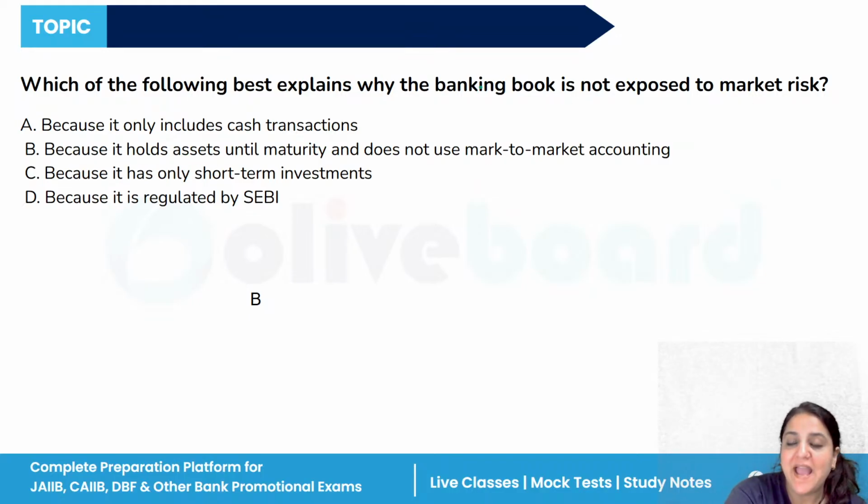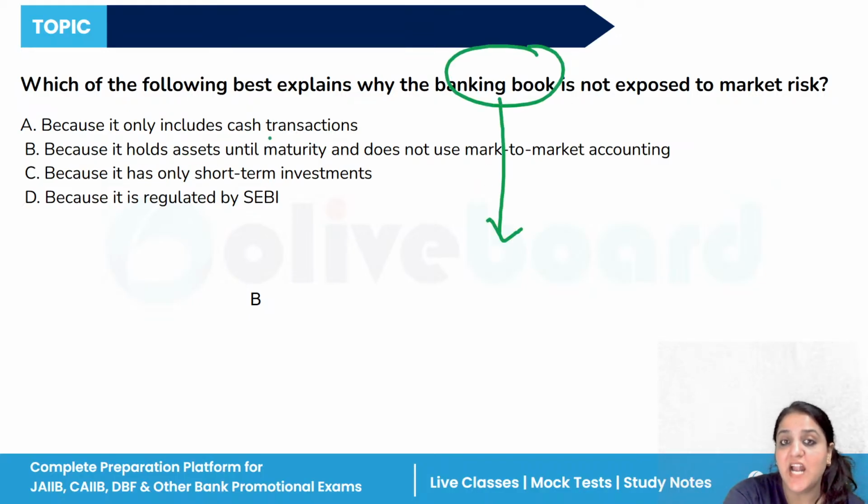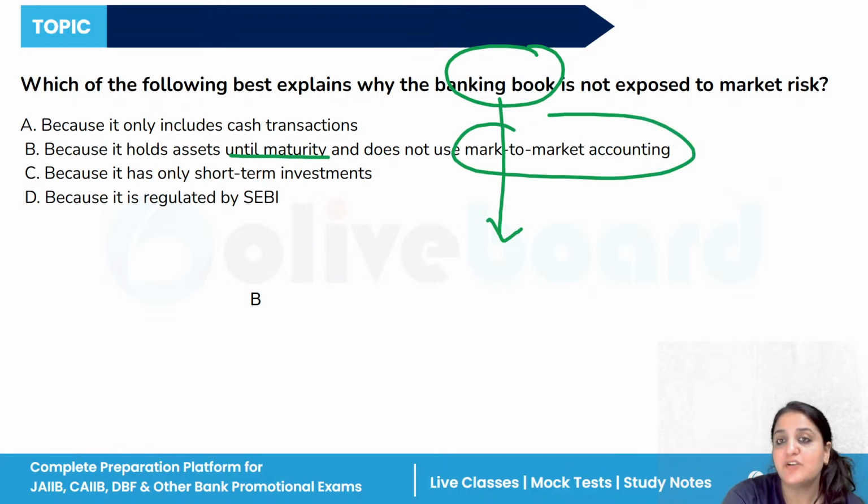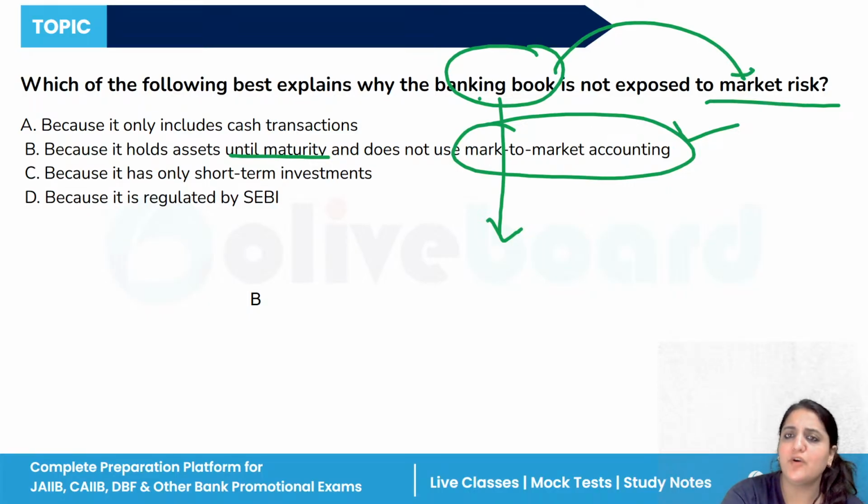Because the banking book holds its assets until maturity, and obviously that does not use mark to market accounting. So the banking book is not exposed to market risk because it holds all the assets until maturity and does not use any mark to market accounting.